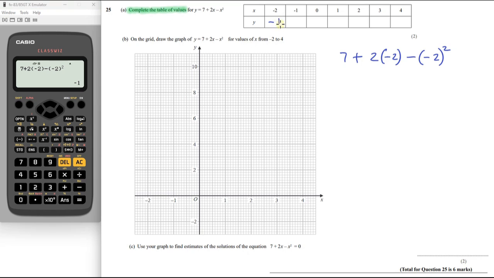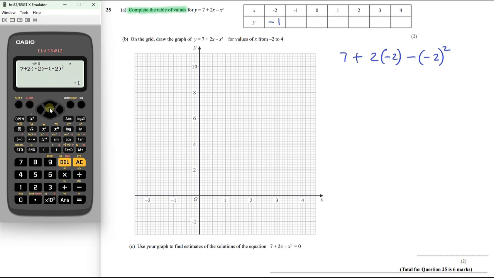So our first value is going to be -1. I actually want to show you what happens if we take off the brackets. We've got -2 squared, but without the brackets, you can see we get a completely different answer. It's to do with the order of operations. So we need to make sure we put brackets around our negative numbers. For some of these it doesn't matter, but definitely when we're squaring, we need to include them.